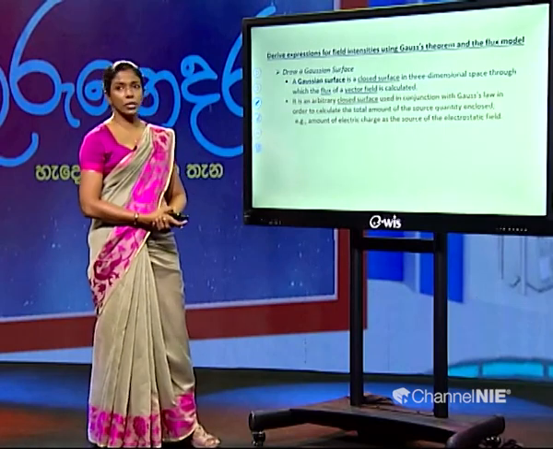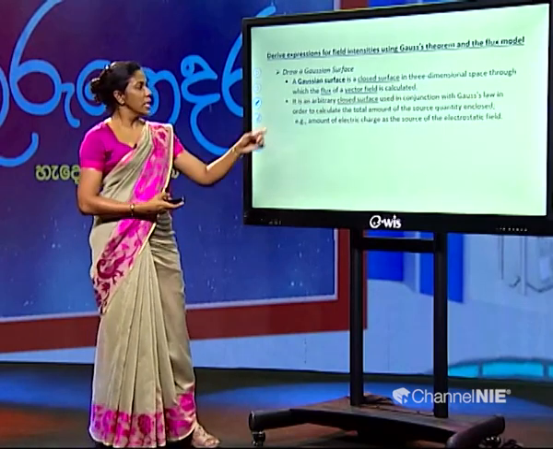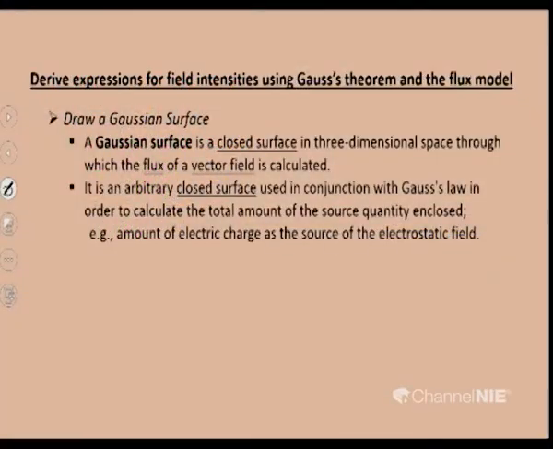The second point to consider is that the Gaussian surface is an arbitrary closed surface used in conjunction with Gauss's law in order to calculate the total amount of source quantity enclosed. In our lesson, the source quantity is the charge.